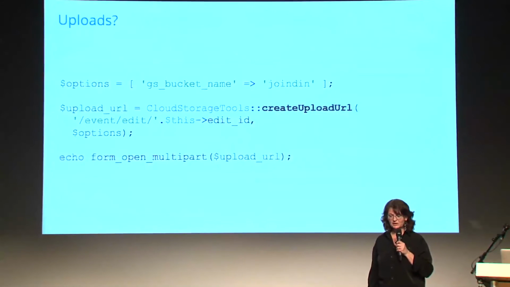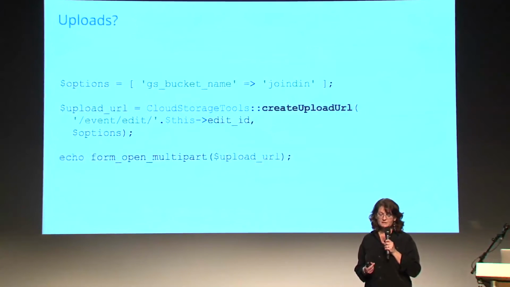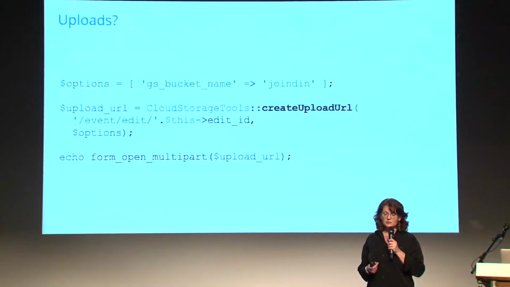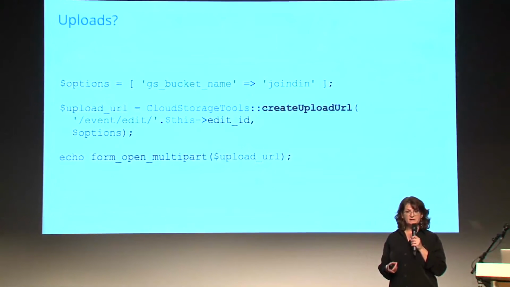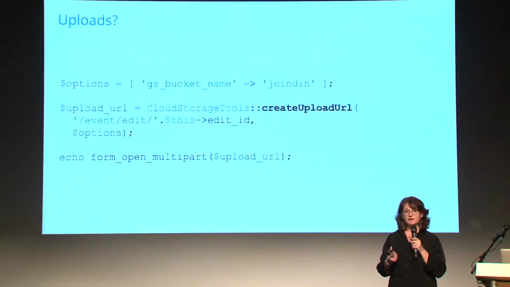So here's a look at what the code would be to do that. There's some helper functions that make this really straightforward. And the key one is create upload URL. So we're calling this method, and we're passing it the name of the bucket that we want to write to, and then we're passing it what essentially is a callback URL. And this is the event/edit URL. This is going to be called as a post request after the file uploads with the file information.